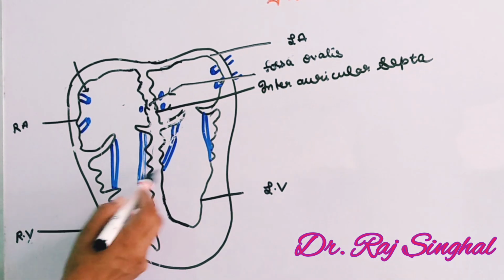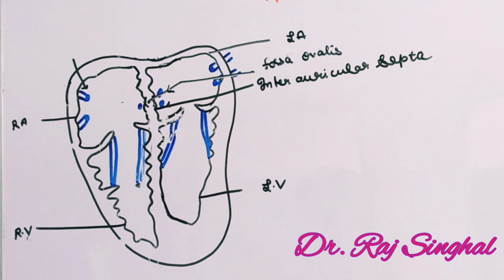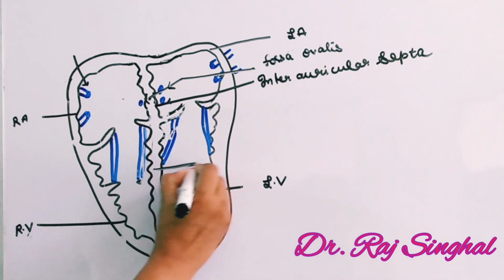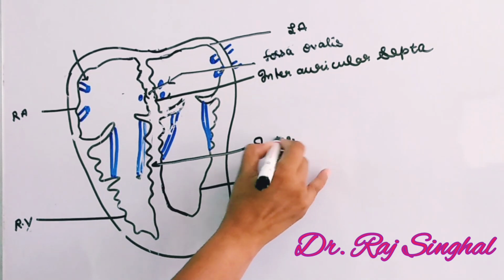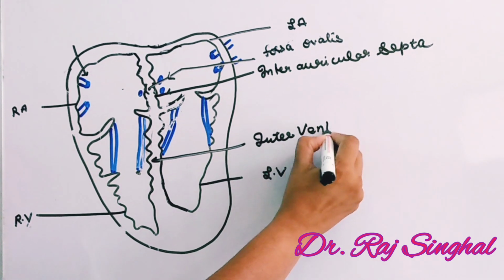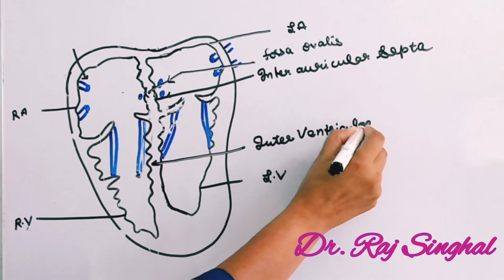Now both the ventricles are also separated from each other by a septum, which is known as interventricular septum.